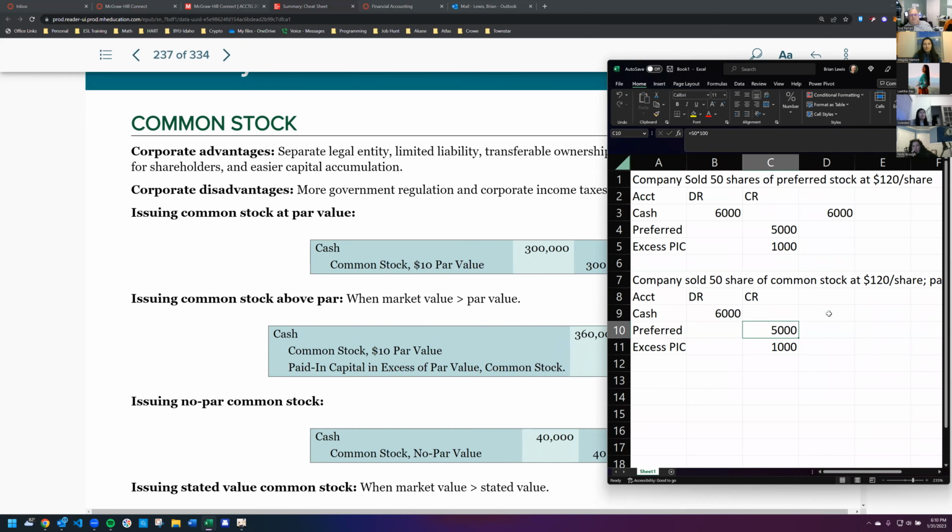The only difference is this is common stock, and this is the excess, called paid in capital in excess, common stock. That's effectively how it's going to look.